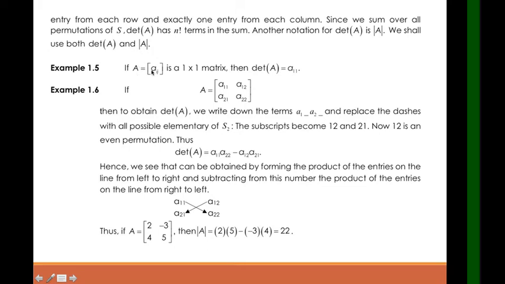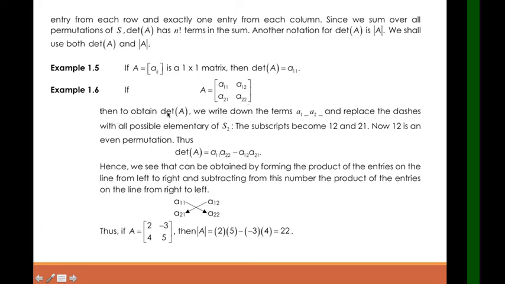If A equals the square bracket of A sub ij is a 1 by 1 matrix, then det A is equal to A sub 11, kasi 1 by 1 lang siya. If this is a 2 by 2 matrix, so we have A sub 11, ito yung sinasabi kanina, A sub 12, A sub 21, A sub 22.